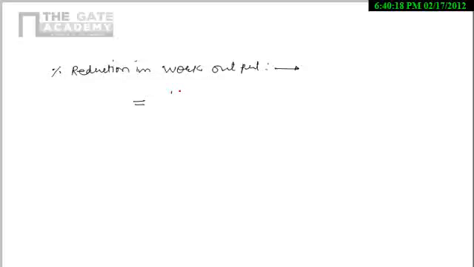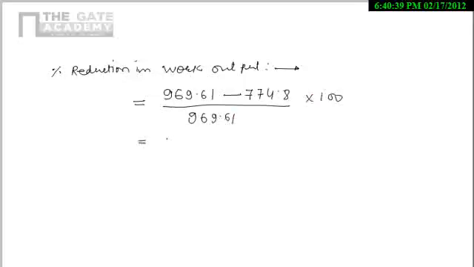So the percentage reduction in work output is W net for the ideal cycle, that is 969.61, minus W net for the actual cycle, 774.8, divided by W net for the ideal cycle, 969.61, into 100. So the percentage reduction in work output comes to 20.1 percent.